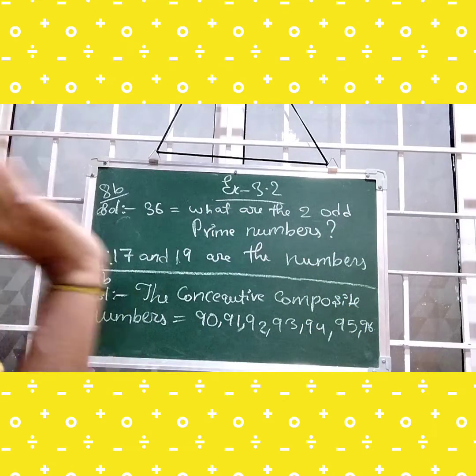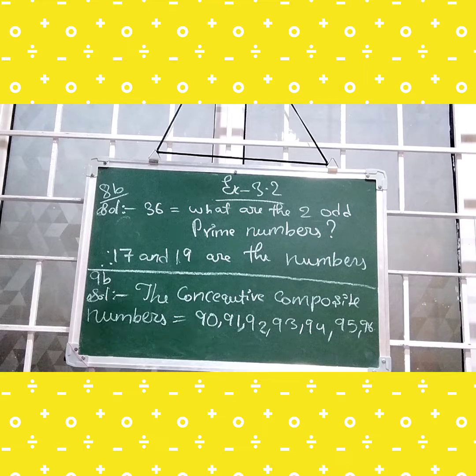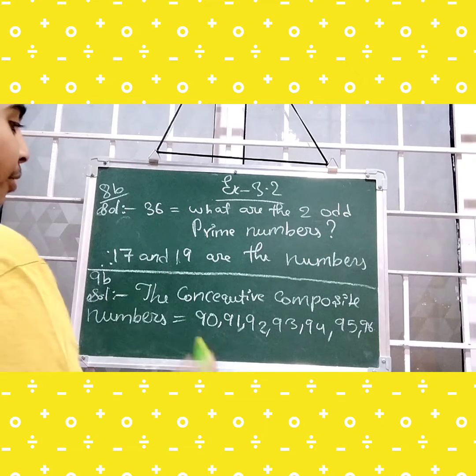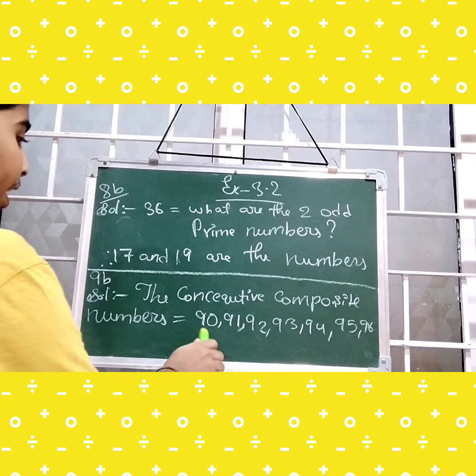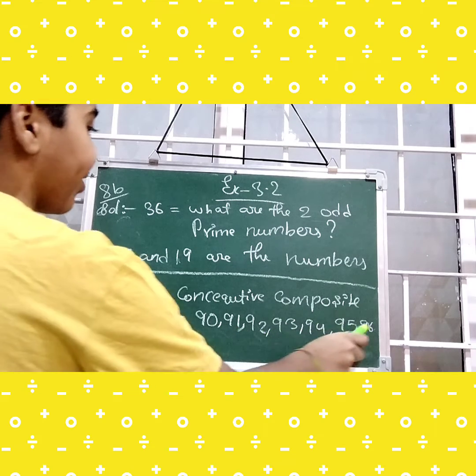So these are the numbers. So we wrote the consecutive composite numbers: 90, 91, 92, 93, 94, 95, 96.